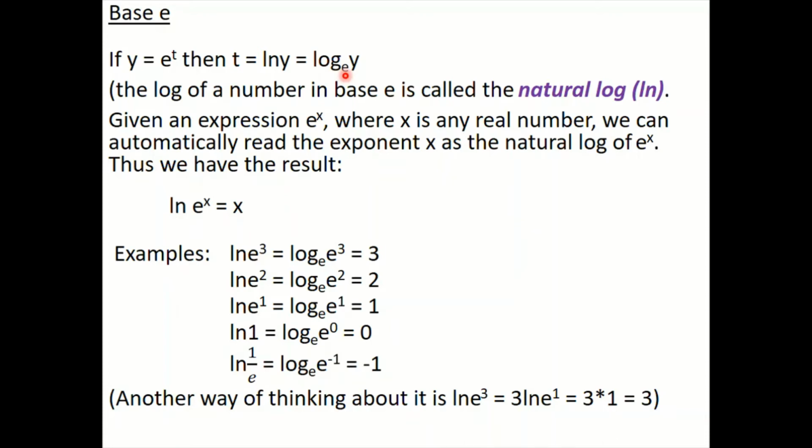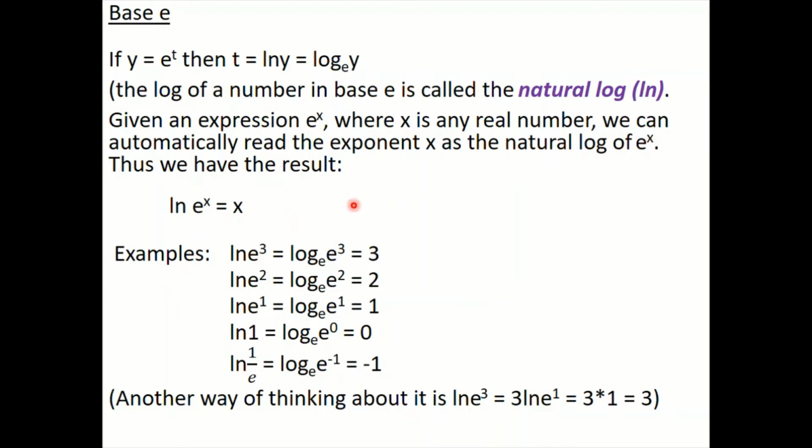Where working with the base of e becomes quite useful is if we are given an expression like this, e raised to the power of x, where x is any real number, we can automatically read the exponent x as the natural log of e to the power of x.